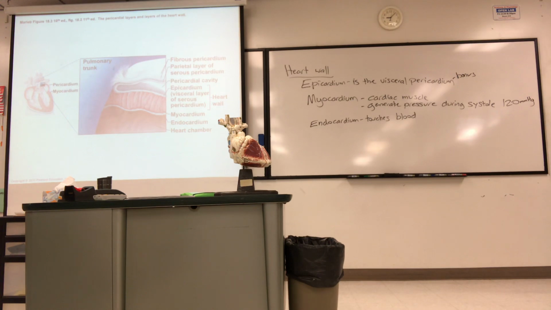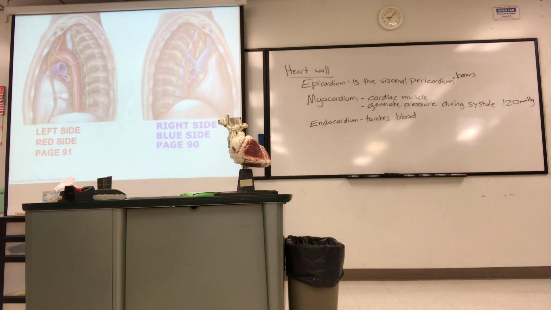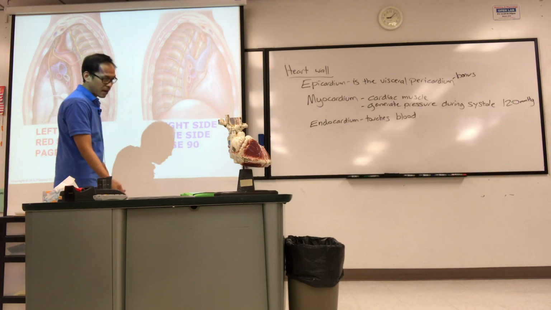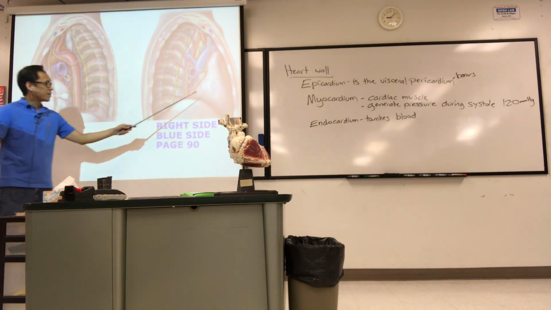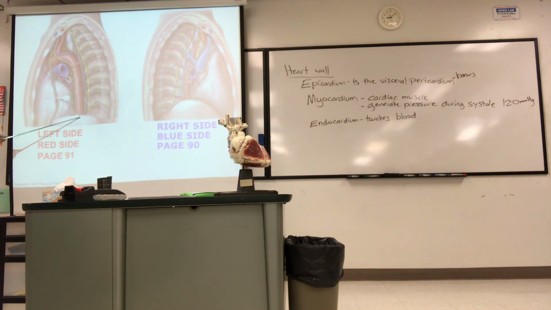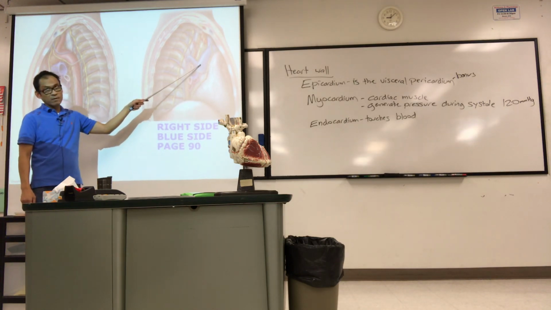You've got the pericardium, and you can kind of see how it sits in the chest cavity with these pictures I inserted. If you remove the shoulder on the left and the right side and look in the thoracic cavity, you can see the heart and the pericardium right there and right there. All I really want you to know from this is what's called the red side and the blue side, because on the left side, you see the artery, the aorta. But on the right side, you see mostly the superior vena cava, the SVC.